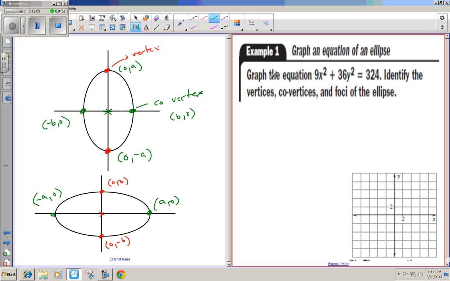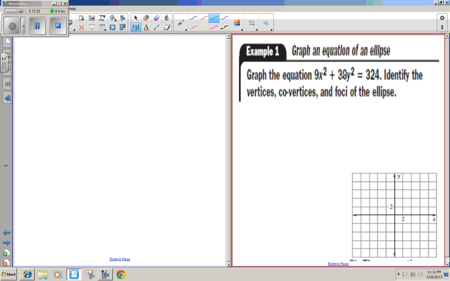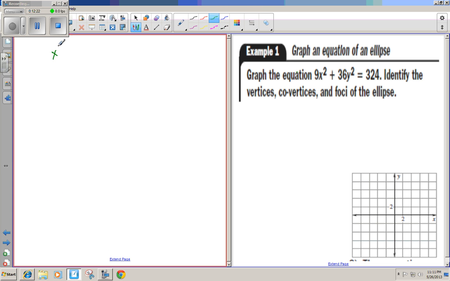Here's our example. Graph the equation 9x squared plus 36y squared equals 324. This equation is not in the standard form. The standard form says it has to be x squared over something squared plus y squared over something squared, and it has to equal 1.